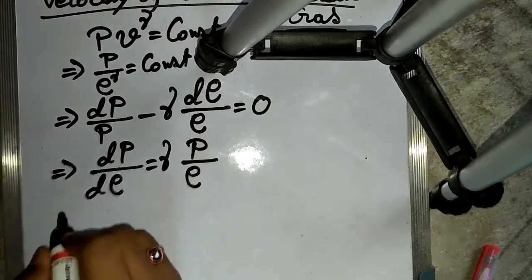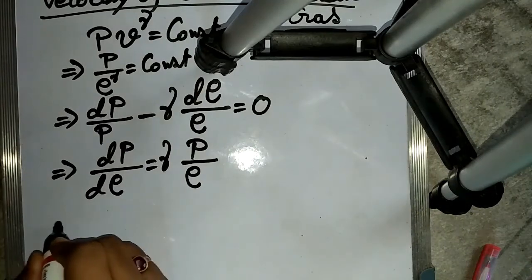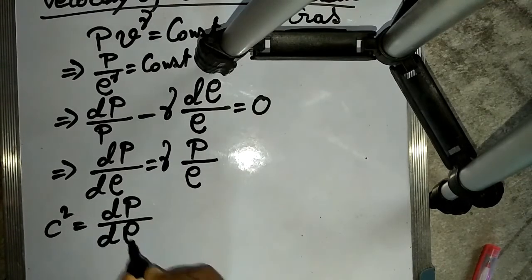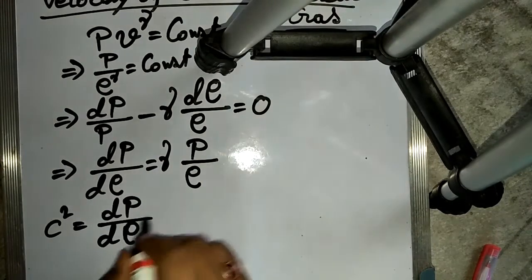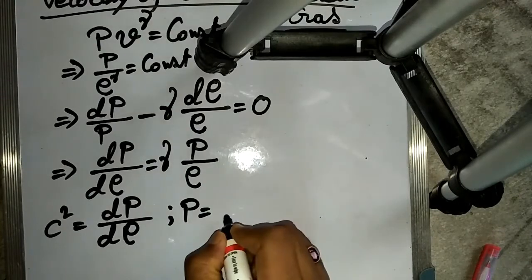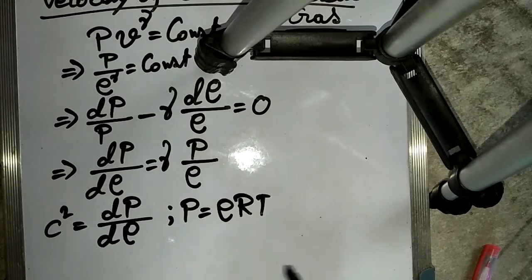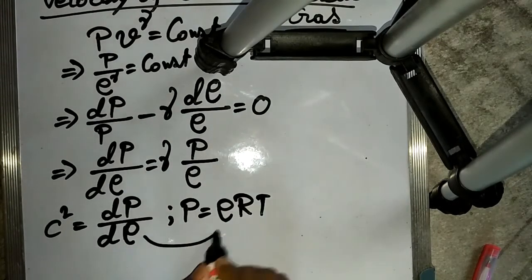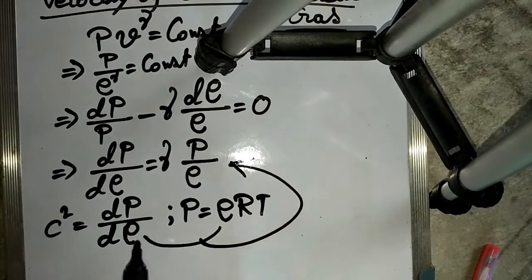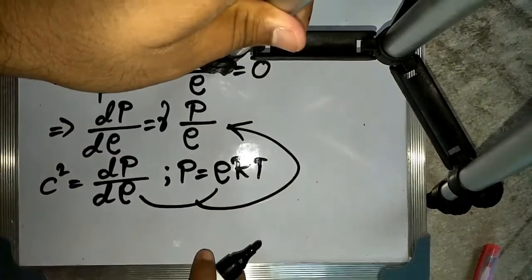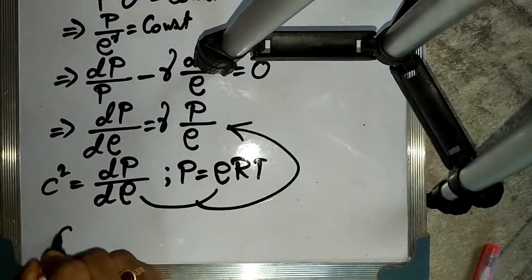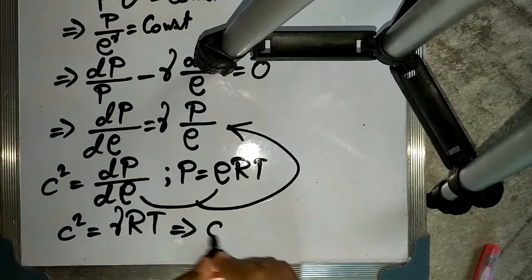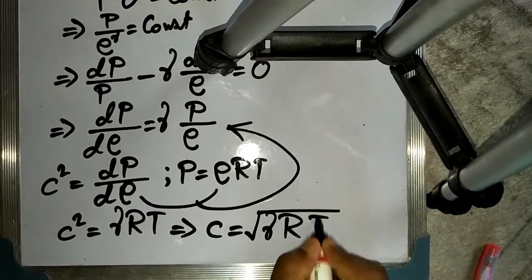Since we have already shown that c square is equal to dp by d rho, and from the ideal gas law we can write p equals rho into RT, by applying these two conditions into this equation, we can write c square is equal to gamma RT, or c equals root over gamma RT.